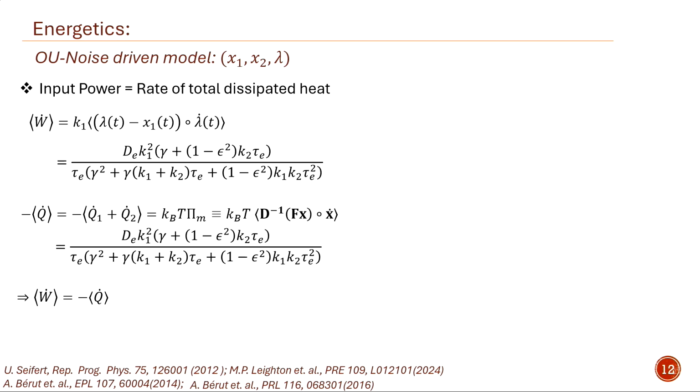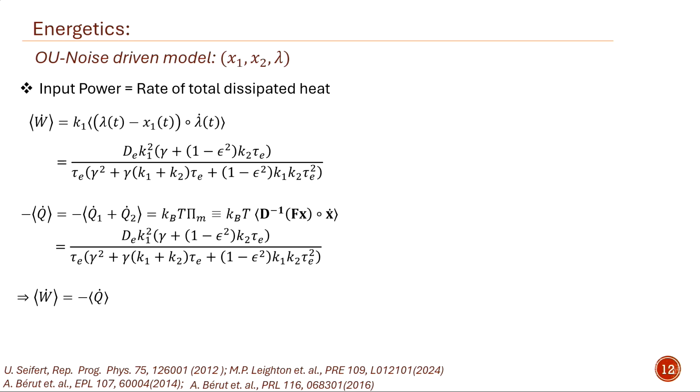For the white noise driven model, the energetics are pretty clear. We are perturbing with extra noise, so we know the input power, and it should be exactly equal to the rate of total dissipated heat.